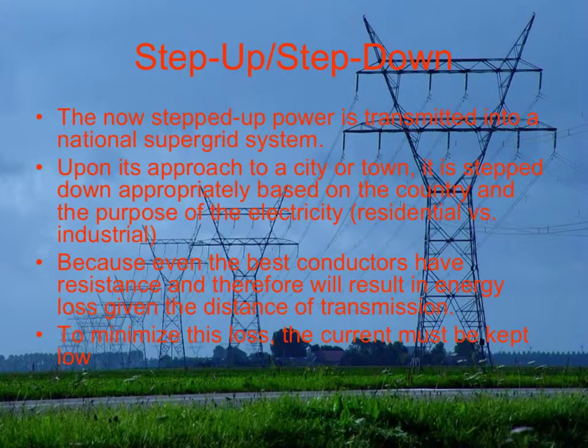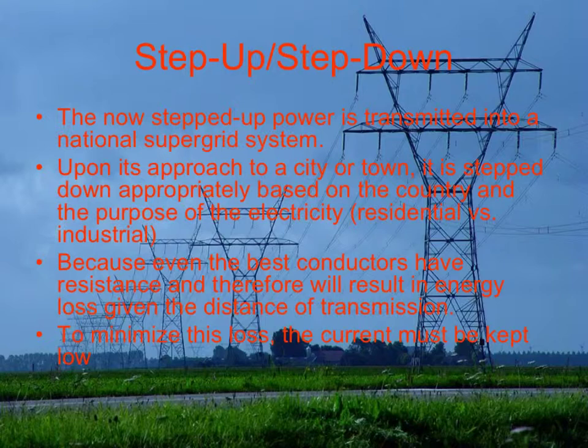And so after the current goes through the transformer, it's stepped up to a very high voltage, very low current, and it's generally transmitted into a supergrid. And the supergrids, they're all nationally connected, but they're focused in regions.